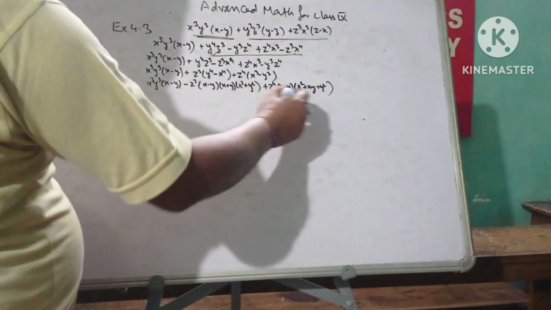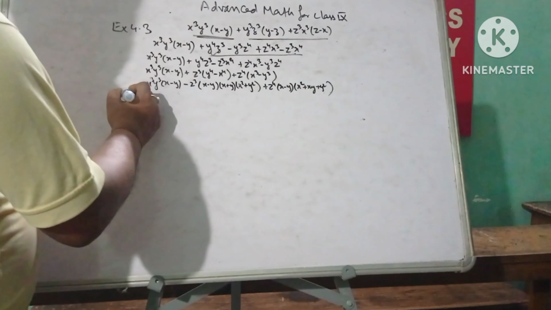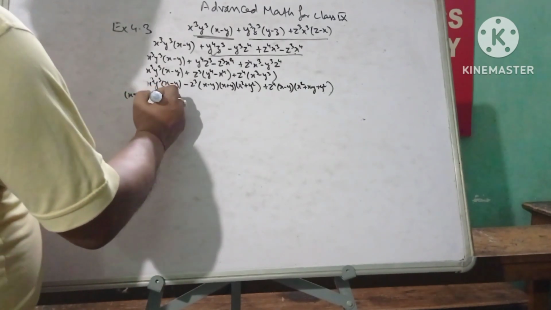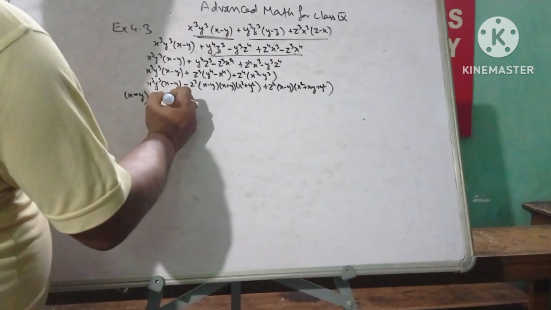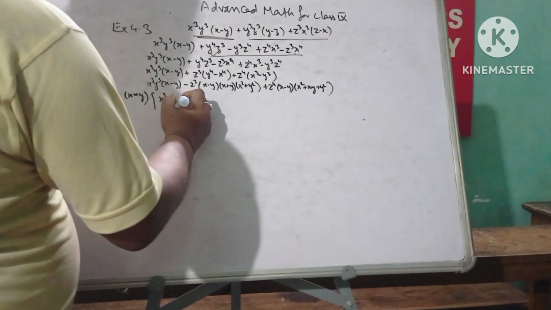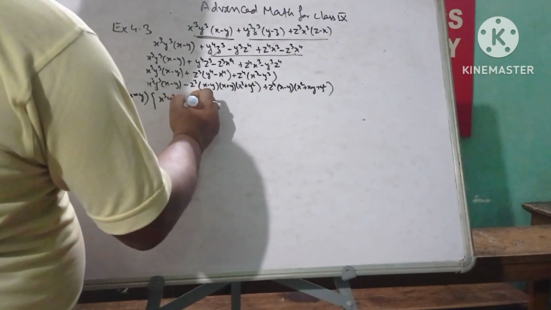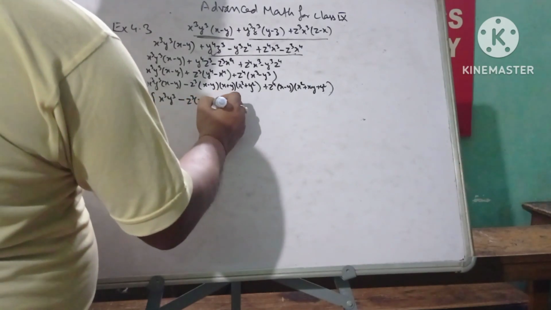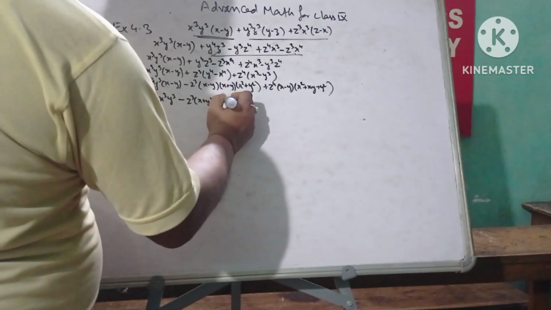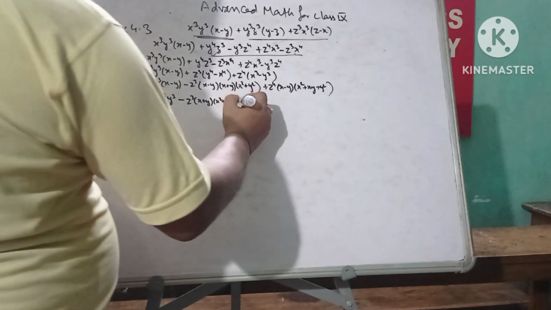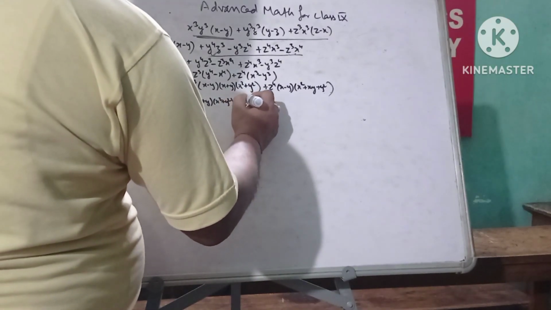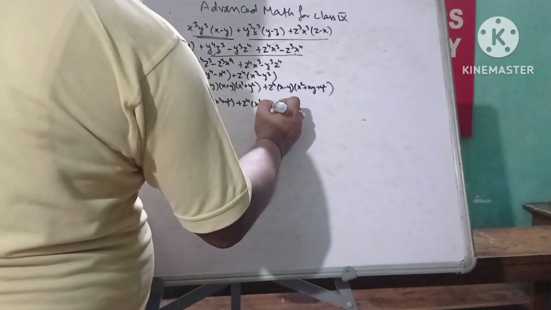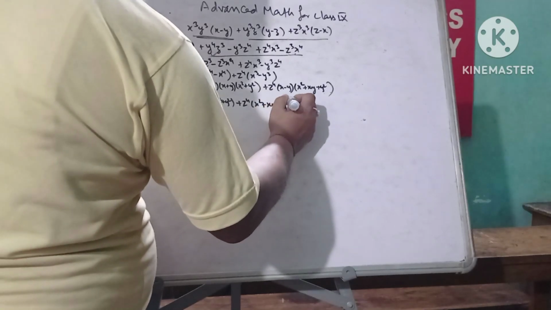So from these three sets, I am going to take x minus y common. So here will be x cube y cube minus z cube (x plus y)(x square plus y square), and here it will be z^4 (x square plus xy plus y square).